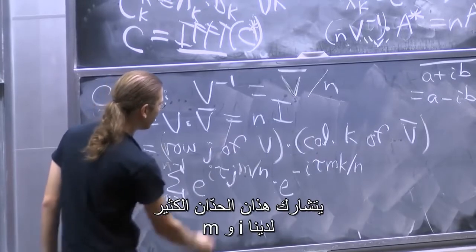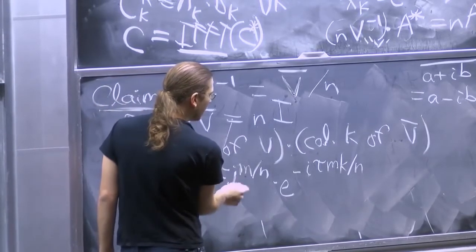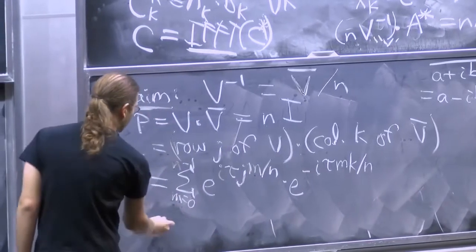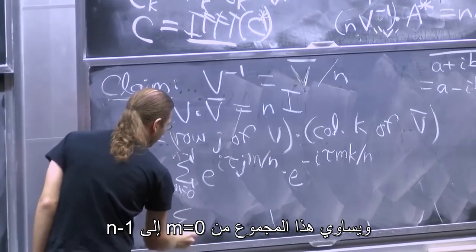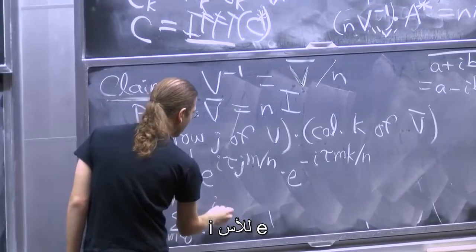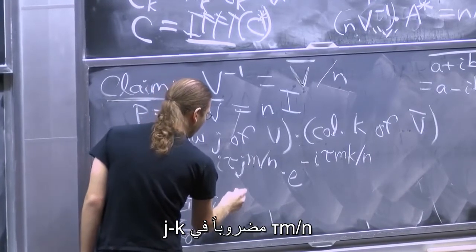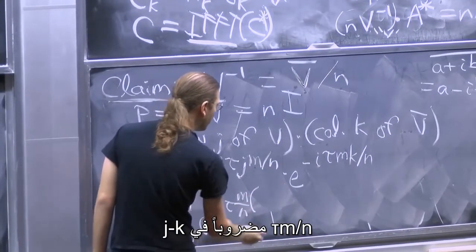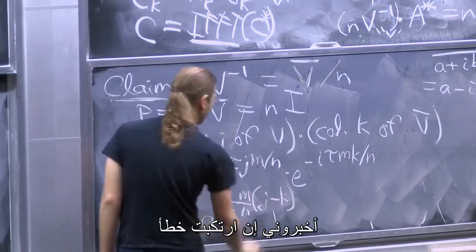These share I, they share m, they share tau, and they share the divided by n. So this is the sum from m equals 0 to n minus 1 of e to the I tau m over n times j minus k. Please correct me if I make any mistakes.